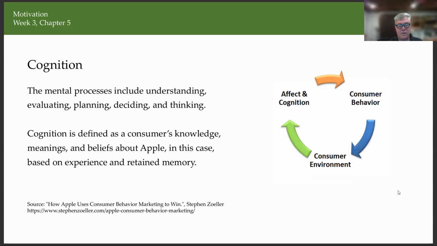And the retained memory is very important because you are seeing Apple. They do a great job of what's called multimedia strategies, and you get their messages coming at you from all different directions, and it's retained. And generally, it promotes the same modern positioning.